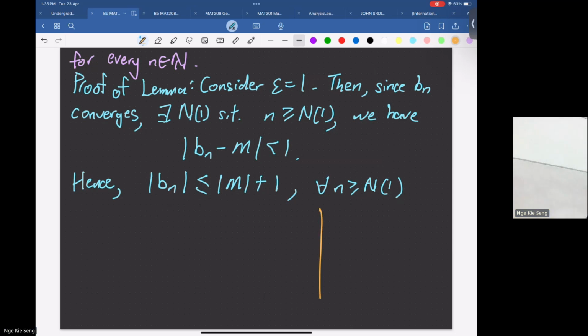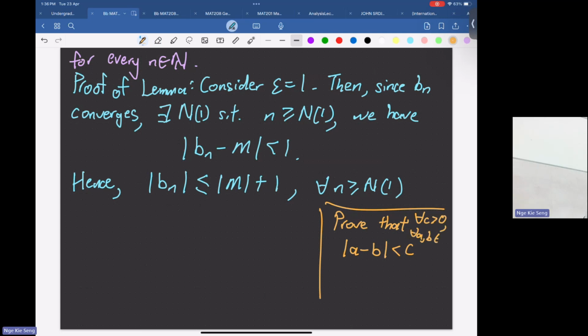Or maybe prove that |A| - |B| is less than C. Okay, so for C positive, and then for all A, B in R, this implies the absolute value of A is less than or equal to the absolute value of B plus C.